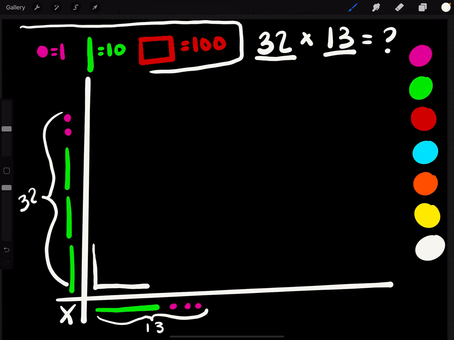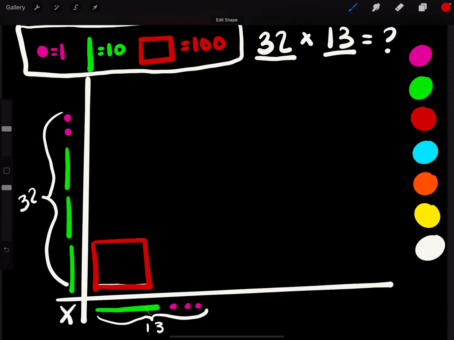Nothing is an L. We have a dot, a line, and a square. So if we're going to make this a solid cube, we need to make the hundreds flat. So we're going to put 10 down, 10 over, and now we have that hundreds block.